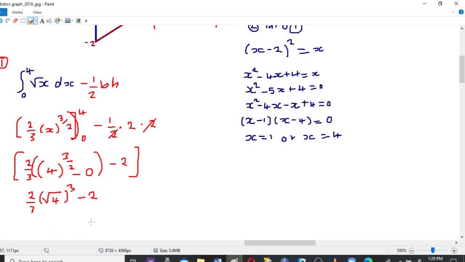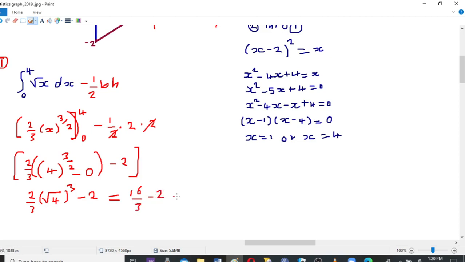Now if you do that, what you are going to get here is 16. Remember the square root of 4 is 2, so 2 cubed will give you 8. 8 times 2 will be 16, so 16 over 3, minus 2.